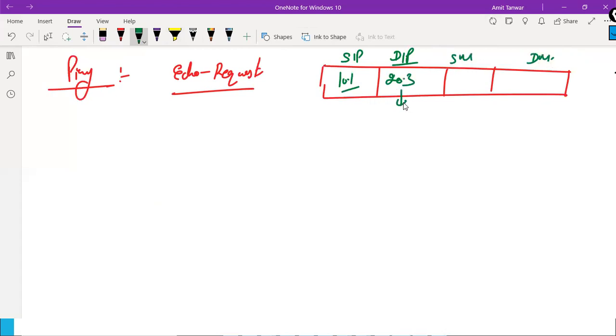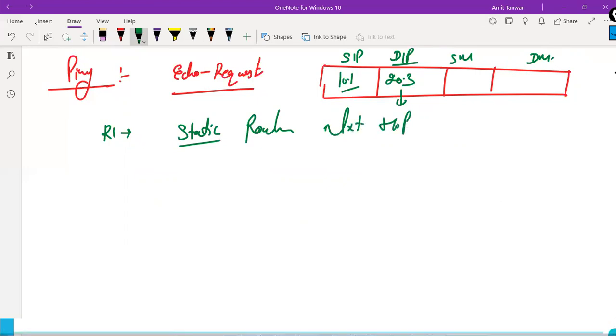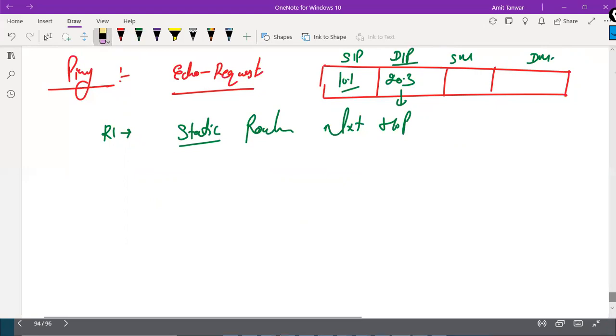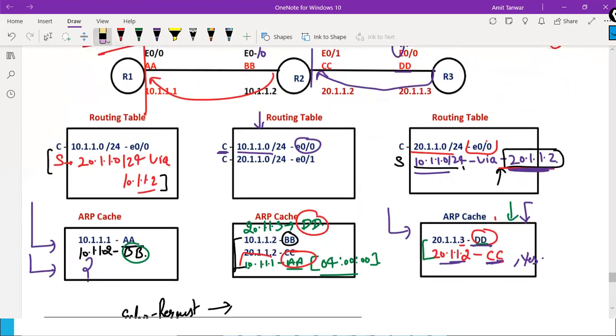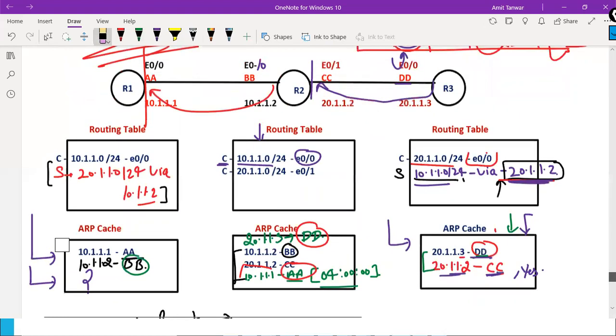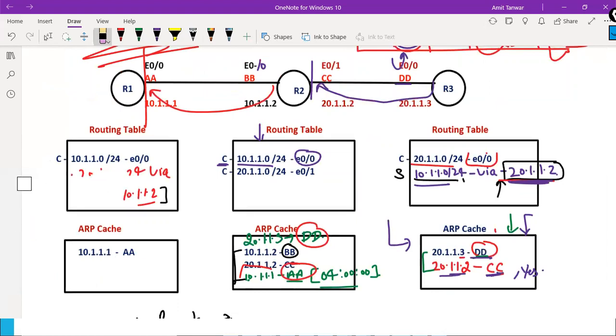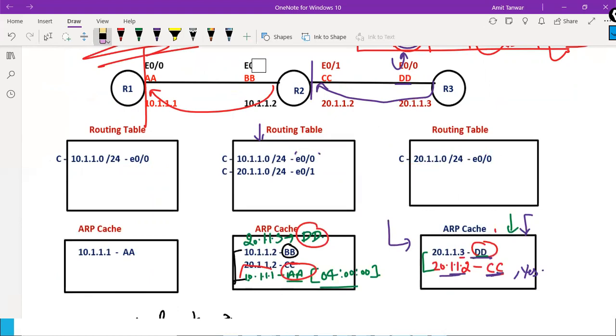But for 20.3, if there is no route, then what do we have to configure on R1? We have to configure static routing with next hop.